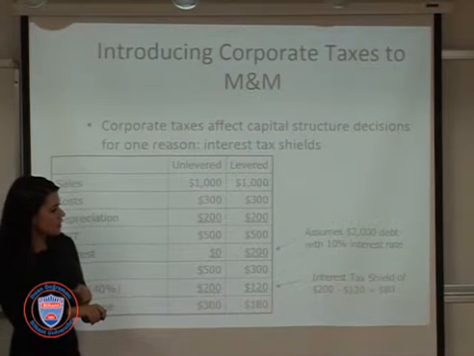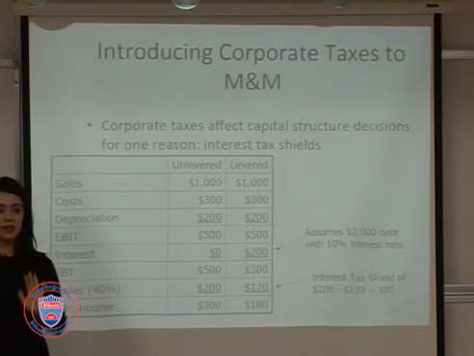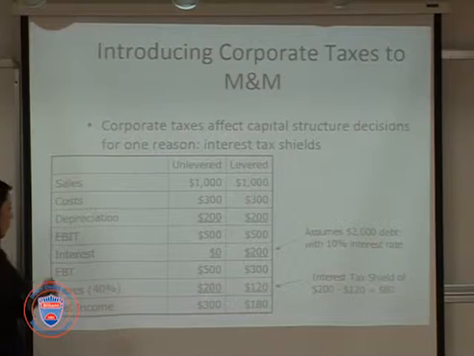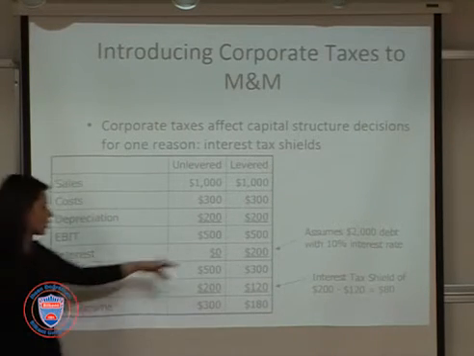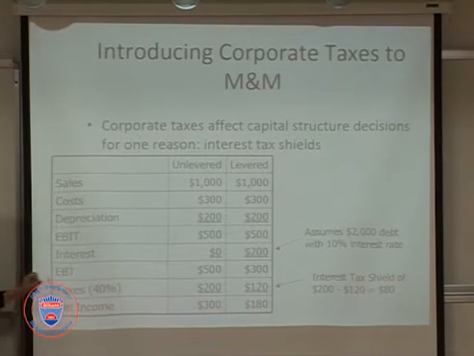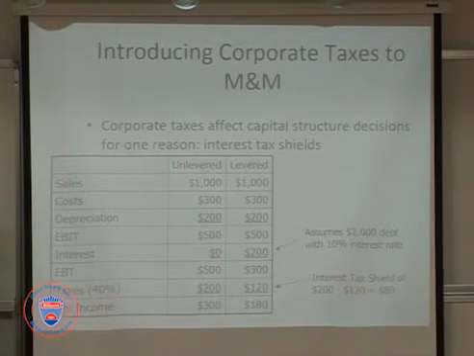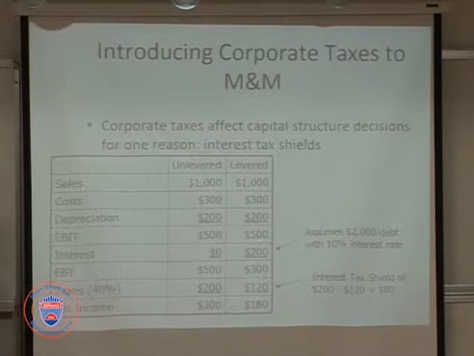Assume that we are taking a $2,000 debt with a 10% interest rate. So how much interest are you going to pay? 10% of 2,000. You're going to pay 200 as the interest payment. So what is my taxable income? It's 500 or 300, depending on whether you have leverage or not. You pay 40% tax.